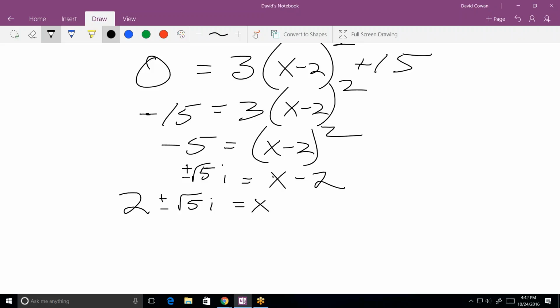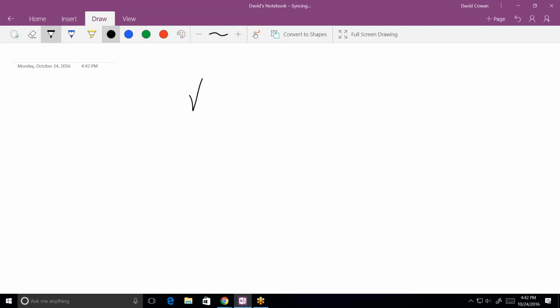In other words, let me be a little clearer here. If I said, what's the domain of that? It's positive numbers only. X has to be greater than or equal to 0. I don't even count negative numbers in the domain, because when you're talking domain and range, there's no such thing as imaginary numbers.